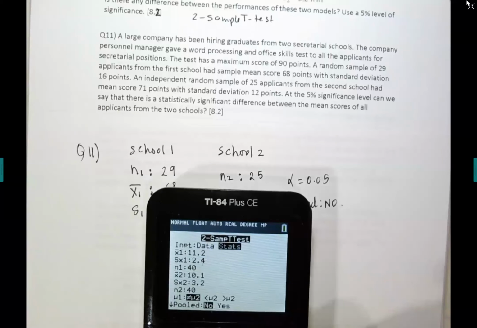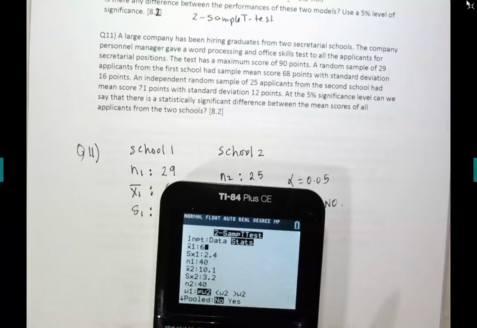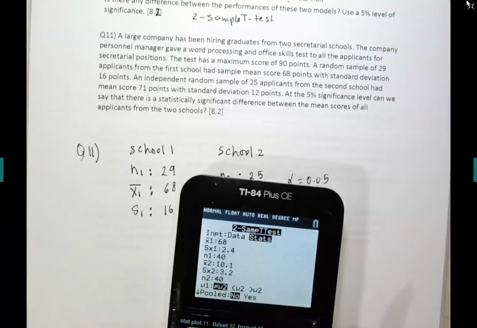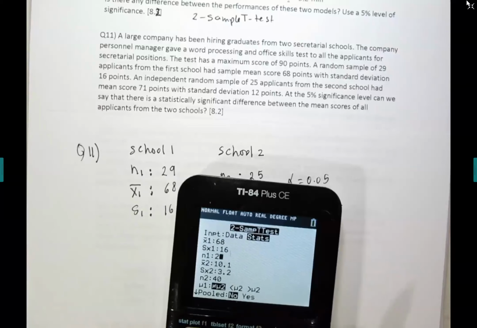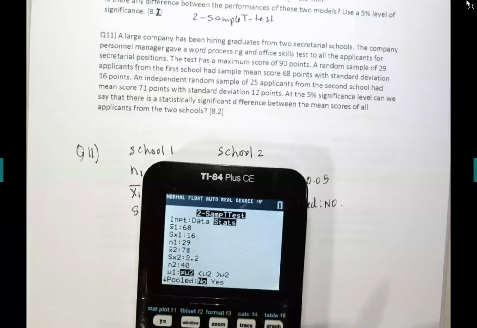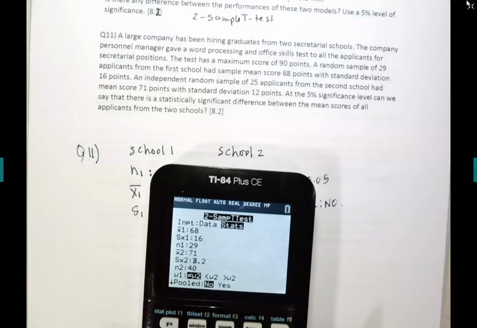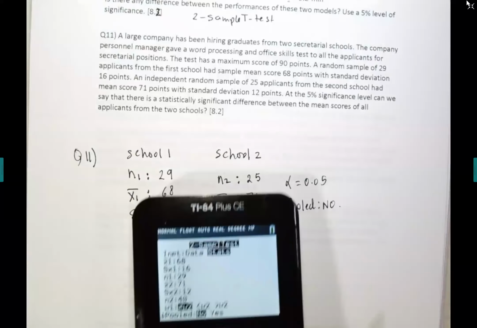X1 bar 68. S1 is 16. N1 is 29. Then X2 bar is 71. S2 is 12. N2 is 25. Okay, that's all I need.